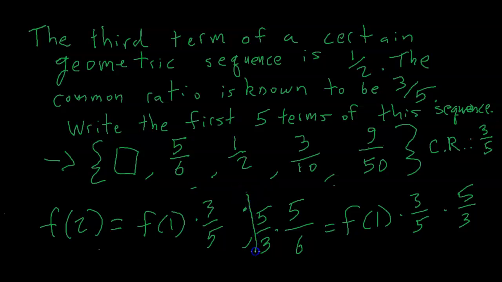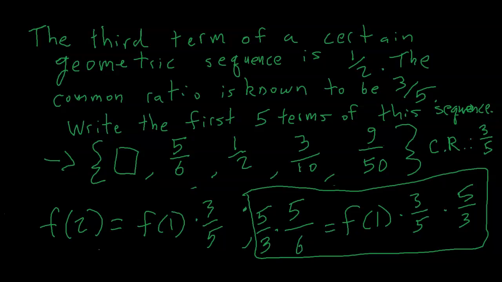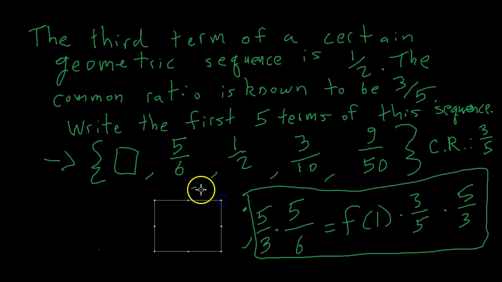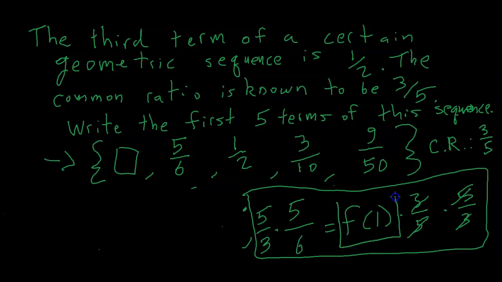Let me box this, and then let's make some space to do this calculation. Factors of 5 and 3 cancel out on the right-hand side, so f of 1 is by itself. f of 1 equals 5/3 times 5/6.